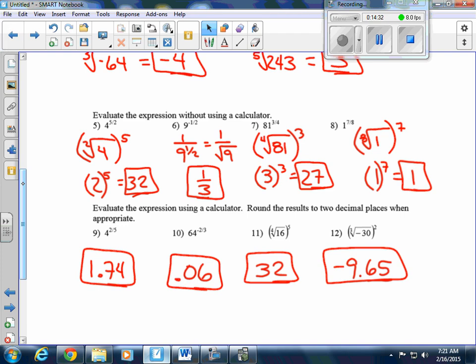Remember, the denominator of your exponent is always going to be your index number. The numerator of your exponent is always going to be what power you raise that to. And in numbers 9 through 12, we just plugged those into our calculators and found those answers to the nearest hundredth.